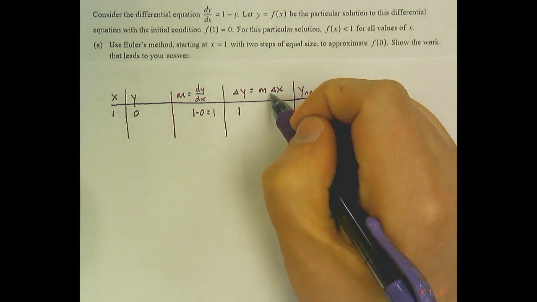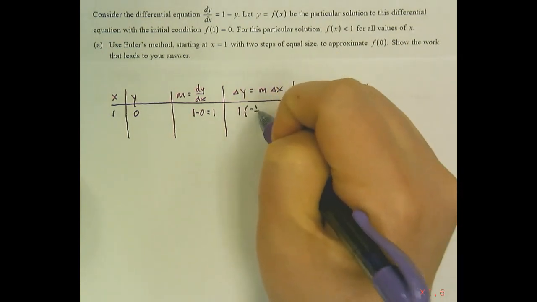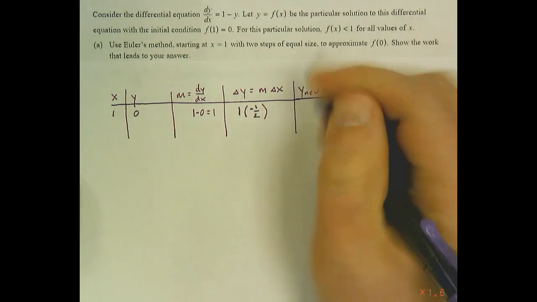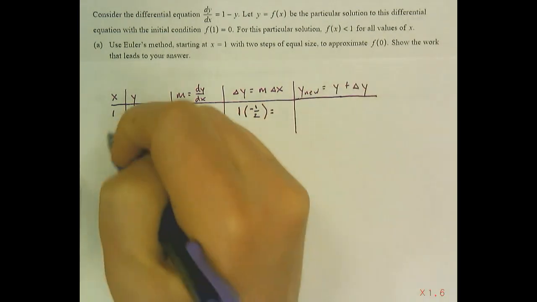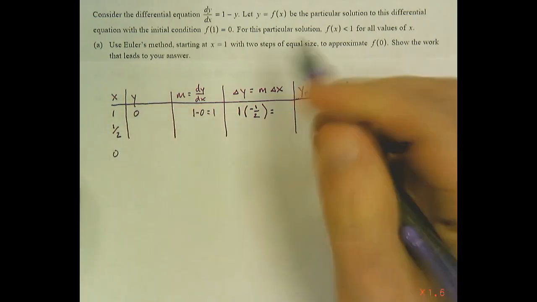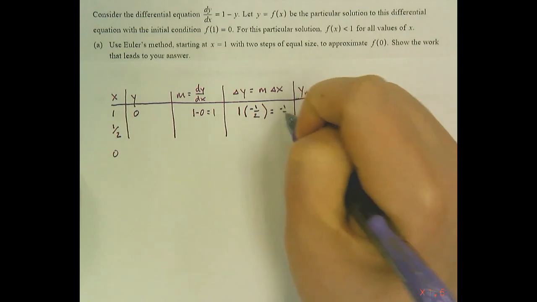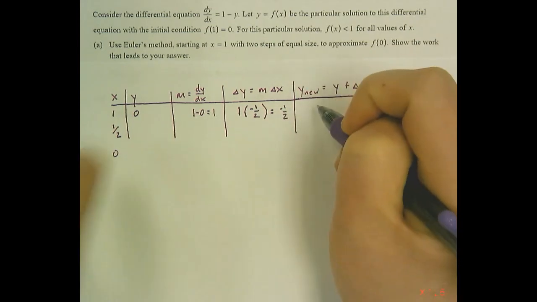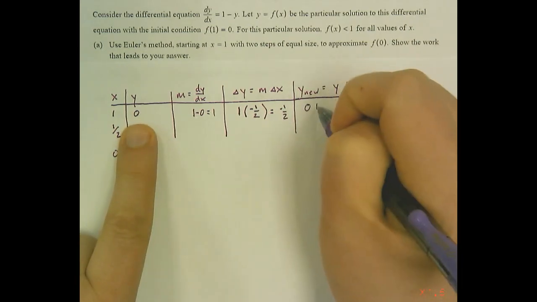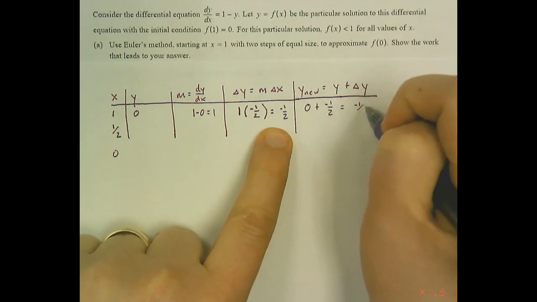M times delta x, our delta x value is negative 1/2, because you're going down 1 to 1/2 to 0. So 1 times negative 1/2 is negative 1/2. Our new y value is going to be 0 plus negative 1/2, which equals negative 1/2.